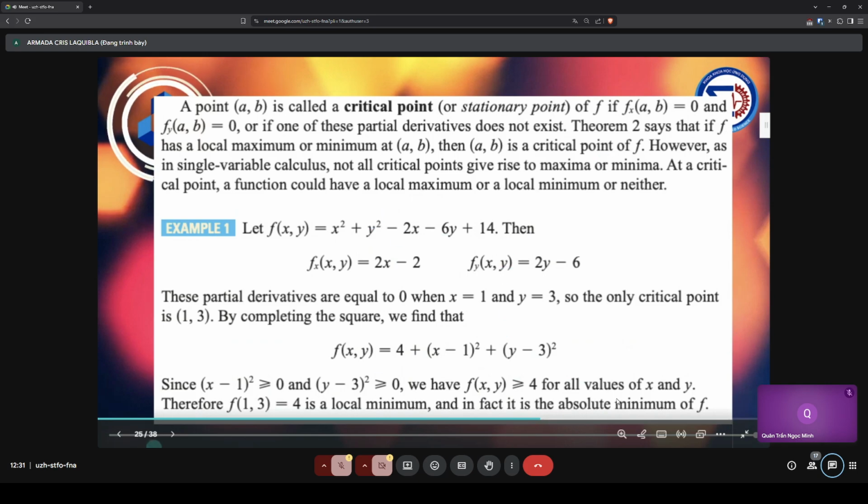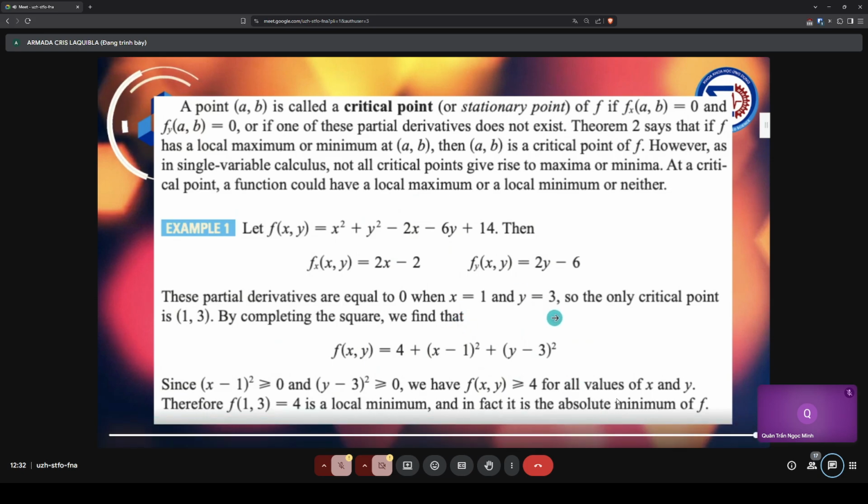Therefore, f of (1, 3). Where did we get the (1, 3) here? Actually, it's the one that we solved, where your x is 1 and your y is 3. Correct? Substitute it here in your f.